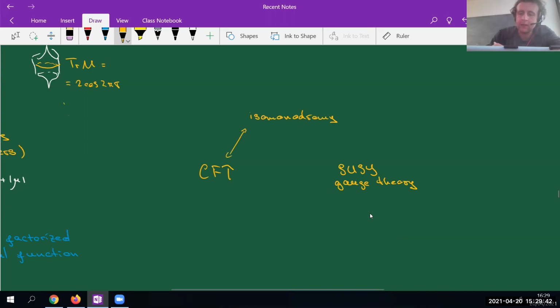Maybe let me try to say a few words about this arrow. The important point here is that conformal blocks of this Virasoro or Lisovyy CFT are known to satisfy some linear differential equations.